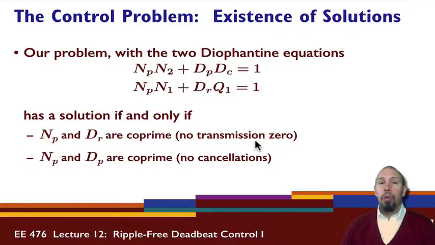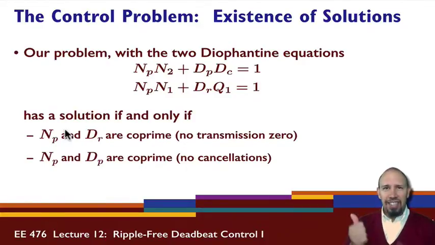Well, we know that we needed that already, so that was one of our important assumptions. NP and DP being coprime means no pole-zero cancellations. Again, we already made that as an assumption. So between the two, we're good. That means a solution to our control design problem exists.